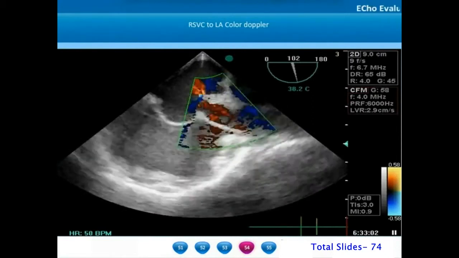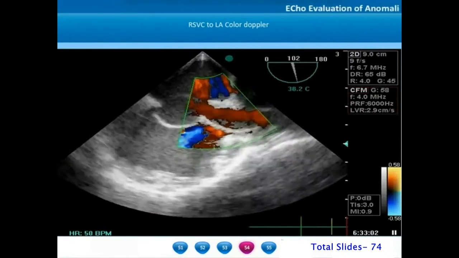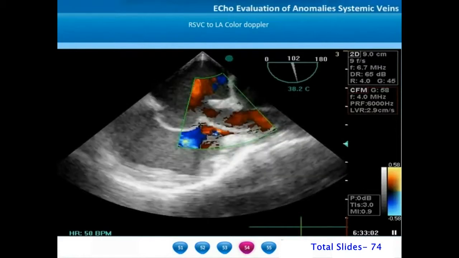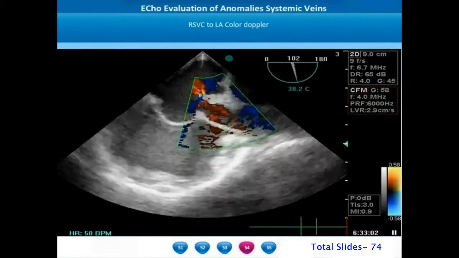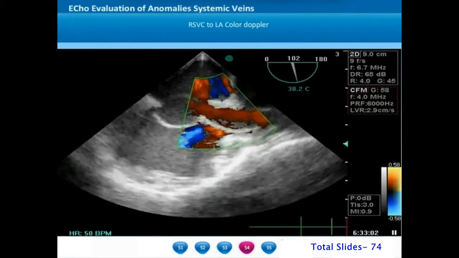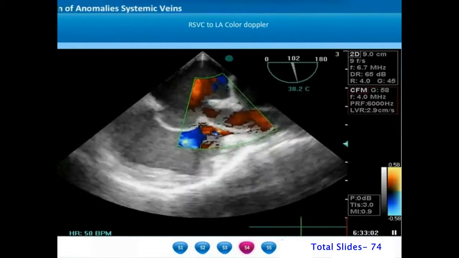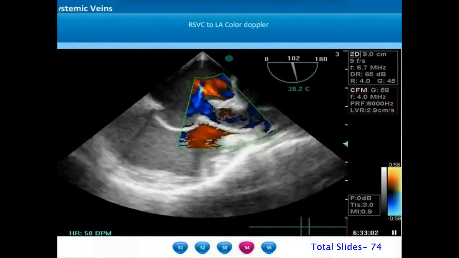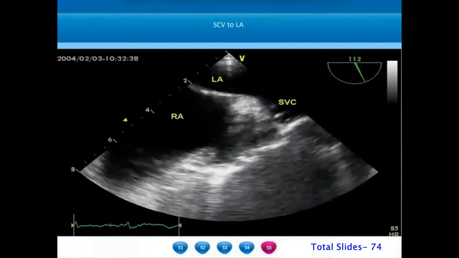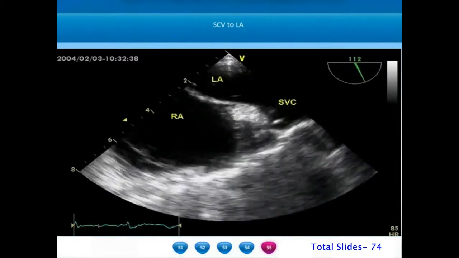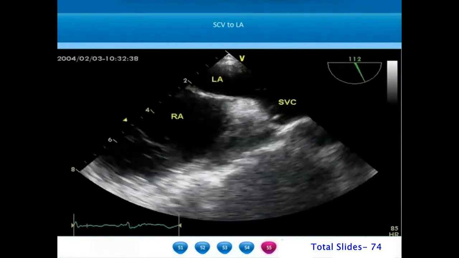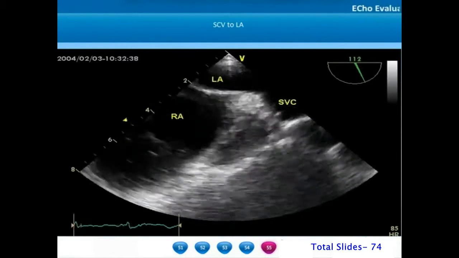On a color flow imaging, we can notice the superior vena caval blood directly entering the posterior left atrium on this bicaval transesophageal echo. Again, on an agitated saline contrast injection from the superior vena cava, we can see the flow of the blood into the left atrium.